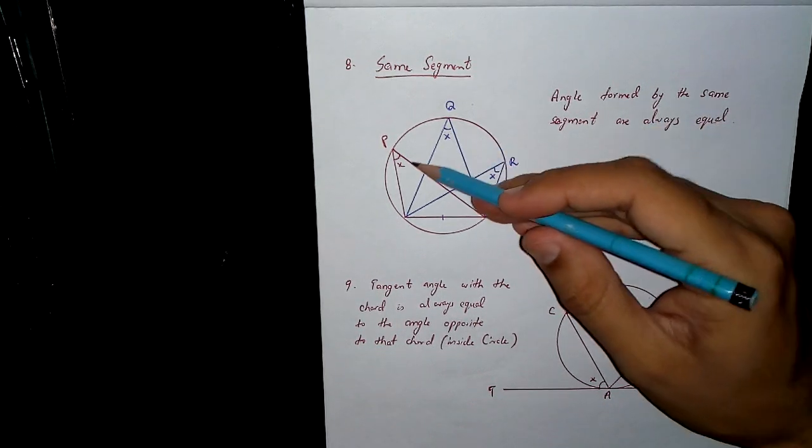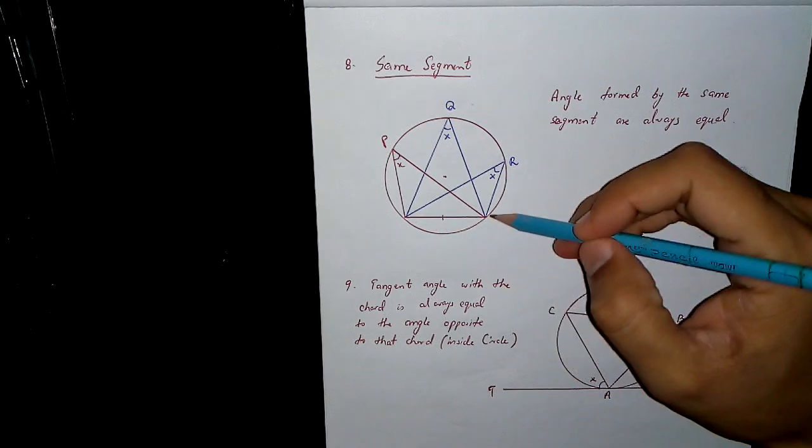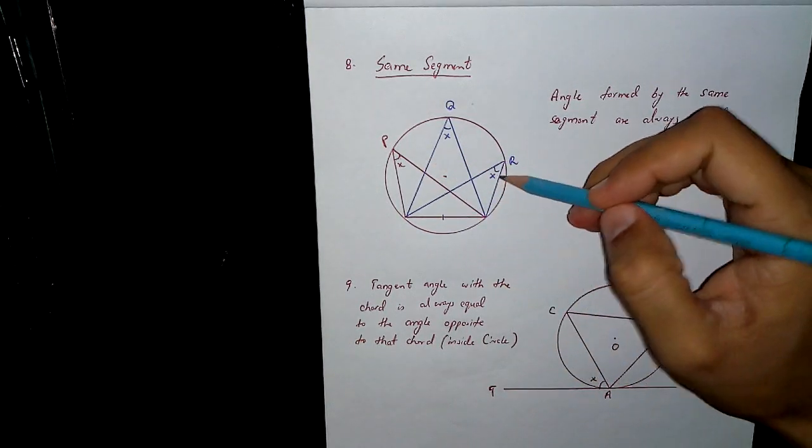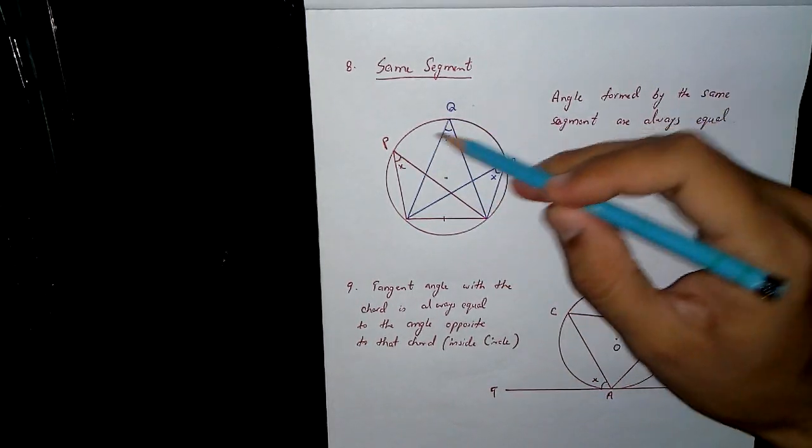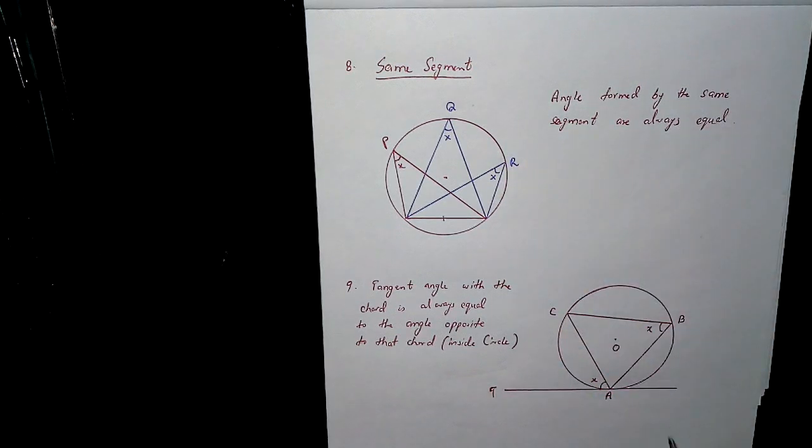So angles formed against the same segment will always be equal. The angles should be from the circumference, that is boundary.